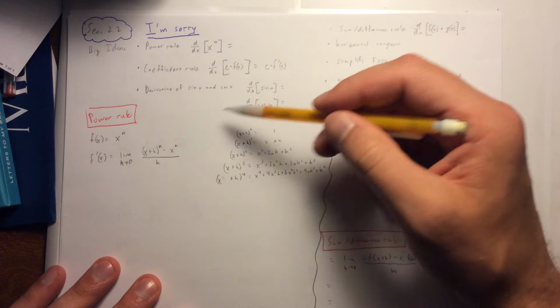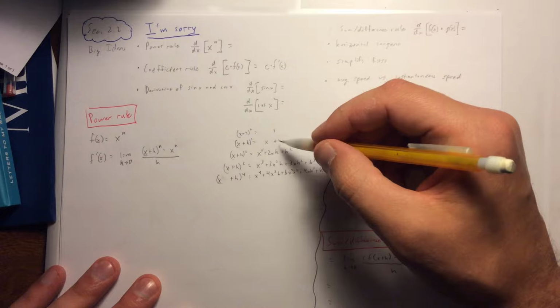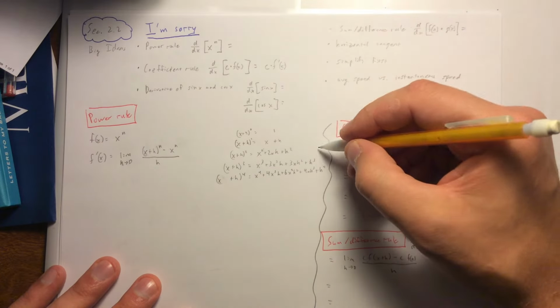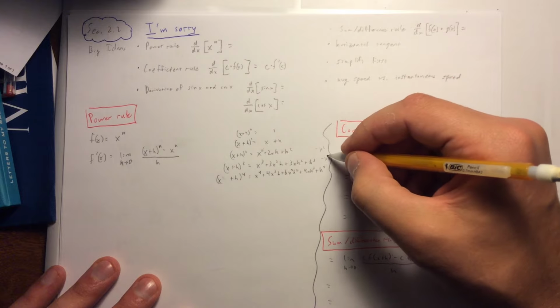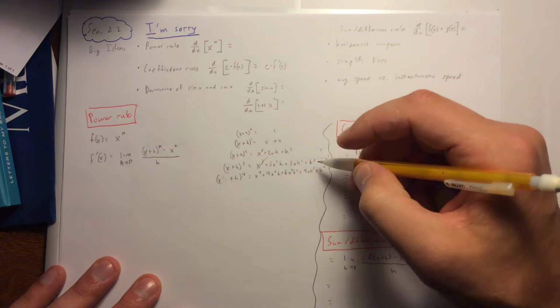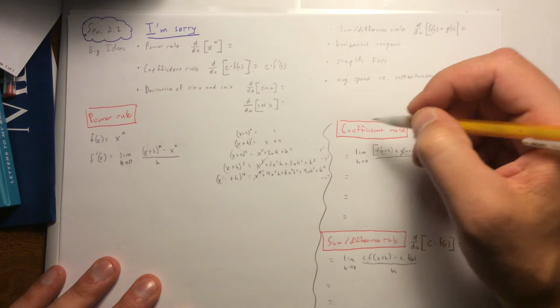What you'll notice is, if I'm doing this, and then I have to subtract x to the n, the first one's always going to fall away, isn't it? So x plus h squared minus x squared, that one always falls away. Minus x cubed, that one falls away. Minus x to the fourth, that one falls away.